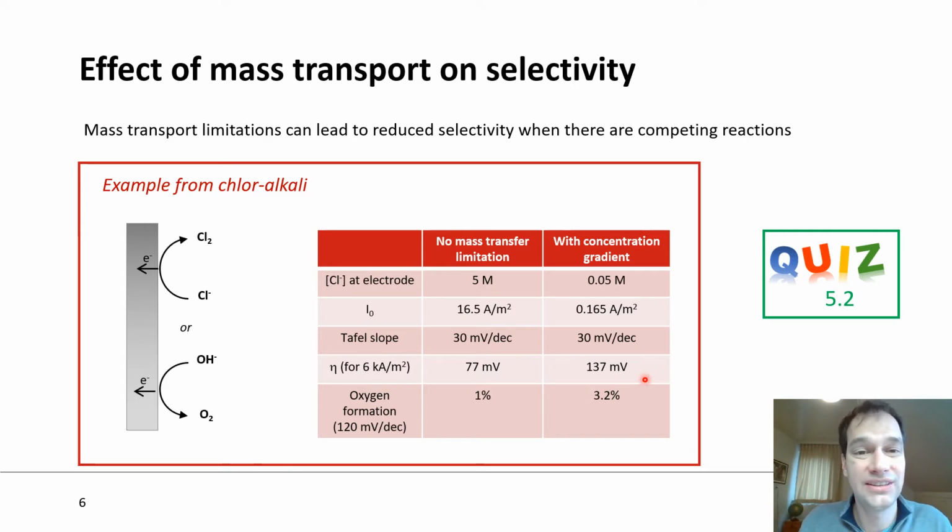Assuming that the oxygen evolution is not so much affected by the mass transfer, which can be defended because oxygen evolution depends on the amount of water, and you always have water, the amount of oxygen that is formed is 3.2%. So now the current efficiency for chlorine evolution has dropped from 99% to only 97%.